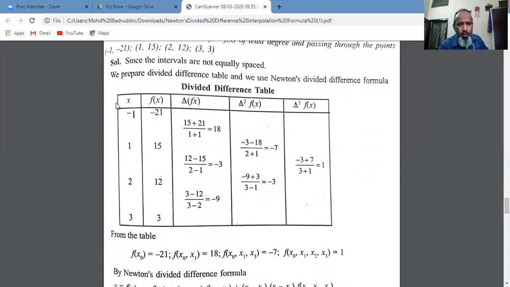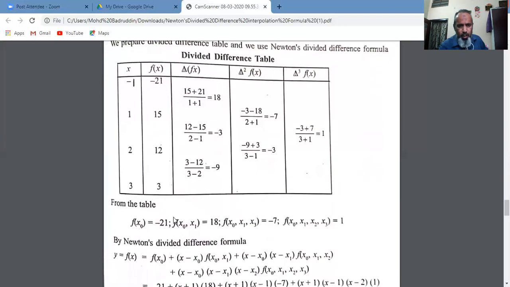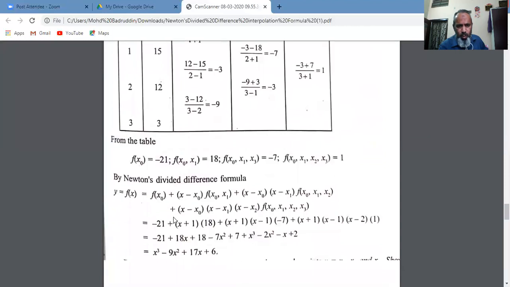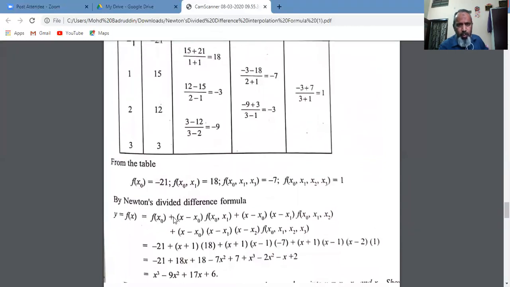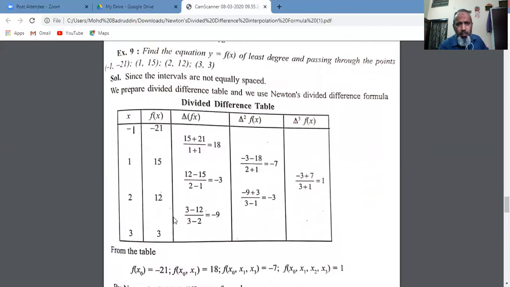What are the values of x? x0 is minus 1, x1 is 1, x2 is 2, x3 is 3. Whichever value is required, we substitute in Newton's divided difference formula, and we can write the polynomial. In the problem, it is given to find the equation of least degree passing through the points.